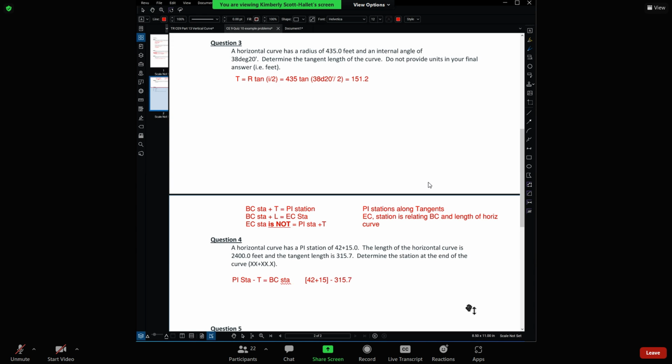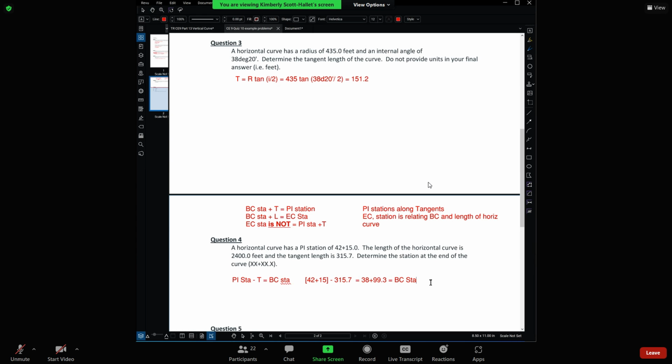And give me a second because I don't have the intermediate number here. 3899.3. So this should yield that my beginning of my curve station is equal to 38 plus 99.3.